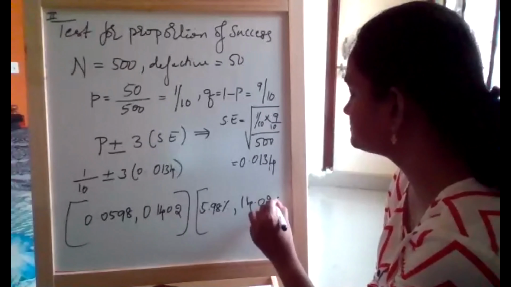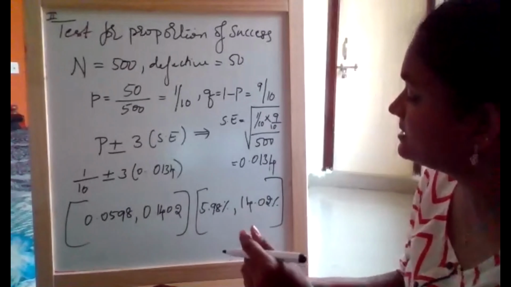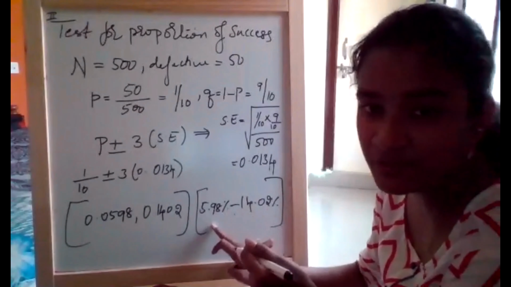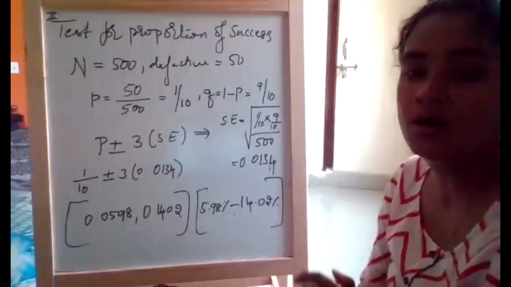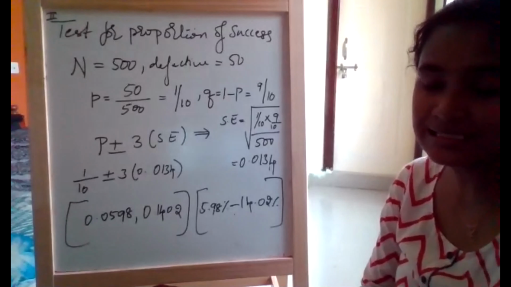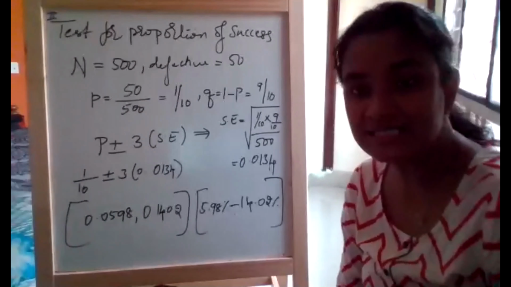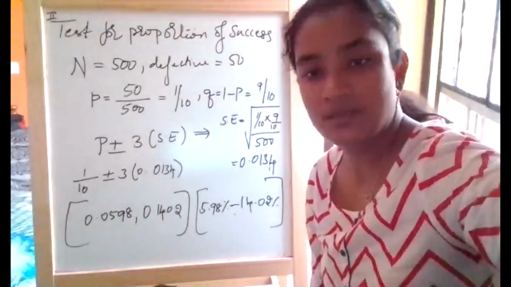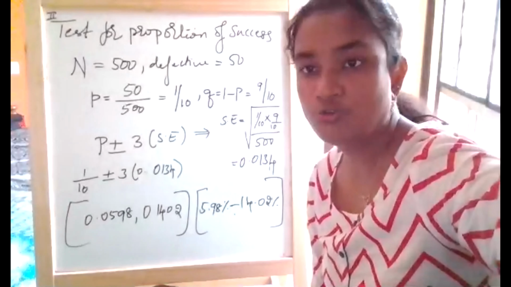So in a basket of 500 apples, defective apples can range from approximately 6% to 14%. You can write that as the interpretation.